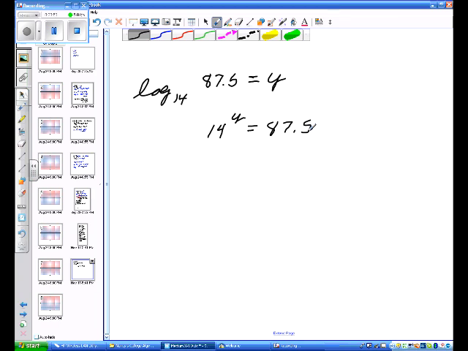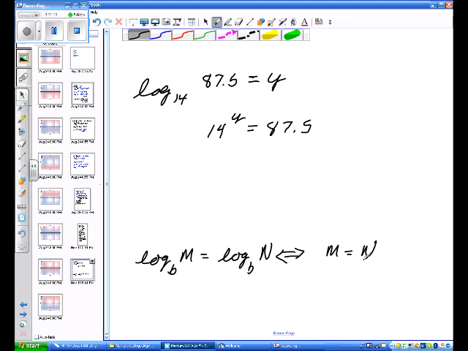Now we have an important property that we're going to use here, and we've looked at it a little bit before. The property says that the log base b of m equals the log base b of n if and only if m equals n.